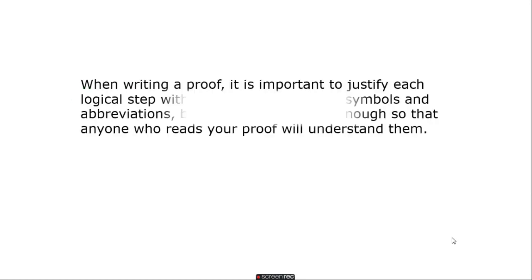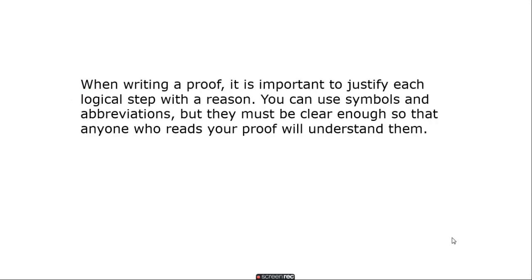Now, when writing a proof, it is important to justify. So we are going to justify each logical step, meaning to say we will be having justifications. You can use symbols and abbreviations, but they must be clear enough so that anyone who reads your proof will understand them.